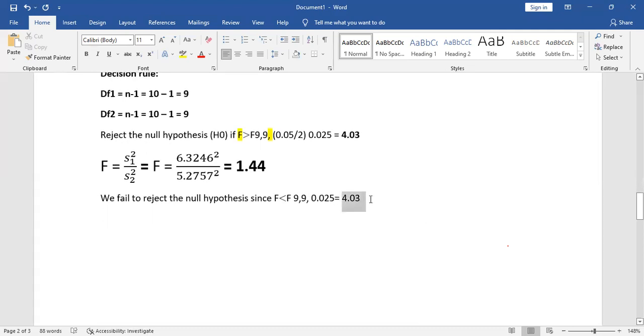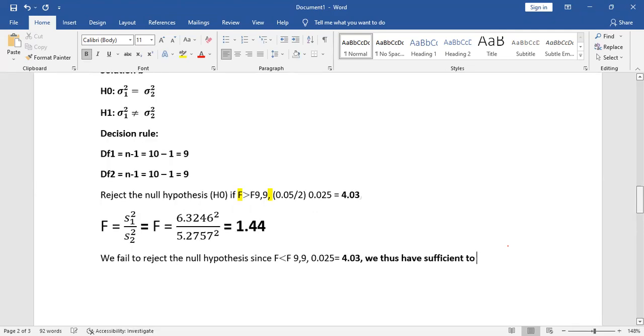And then from here we can conclude and say, we thus have sufficient evidence to conclude that.